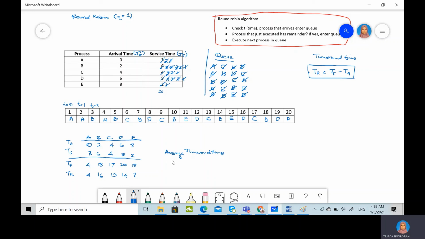So 4 plus 16 plus 13 plus 14 plus 7, then you divide by the number of processes, 5. So you shall get the answer, the mean time, the average of turnaround time. This is how you calculate the round robin uniprocessor scheduling.